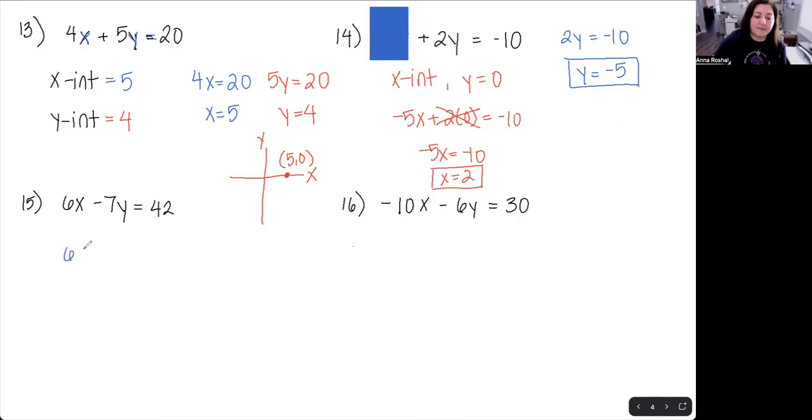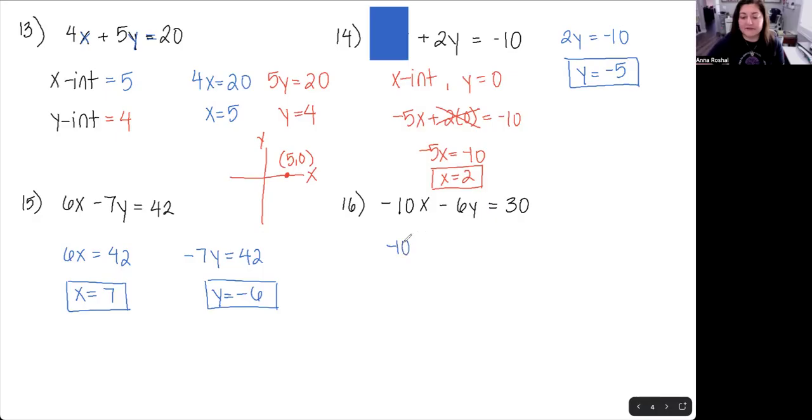Same thing here, I'm going to have 6x is 42, and -7y is 42. I'm essentially just looking at just the x separate and just the y separate. Divide both of these sides by 6, my x-intercept is 7. And here I'm going to divide both sides by -7, my y-intercept is -6.